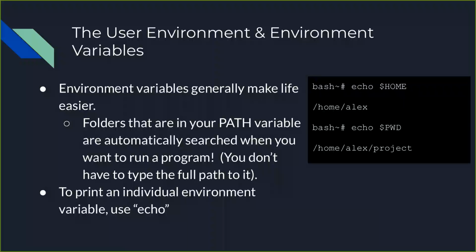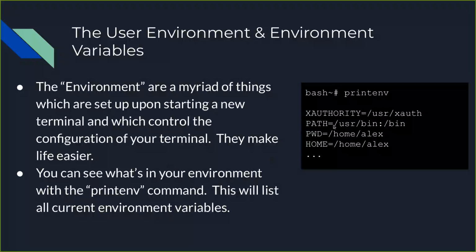So for example, if I go back here, you might see that the path variable is set to /usr/bin:/bin. This colon is essentially saying my path variable includes the usr/bin directory and the /bin directory. So by using this colon, you can append as many directories as you want.